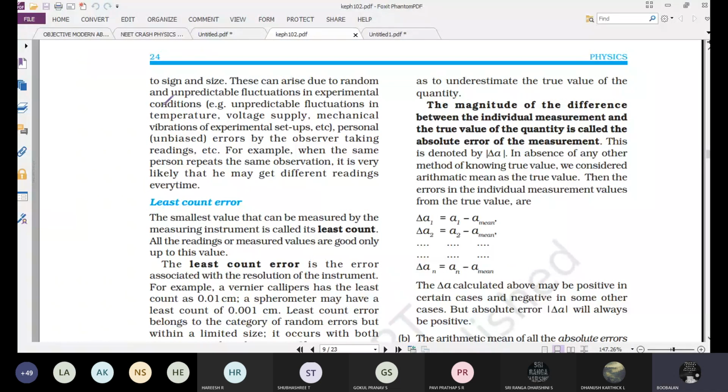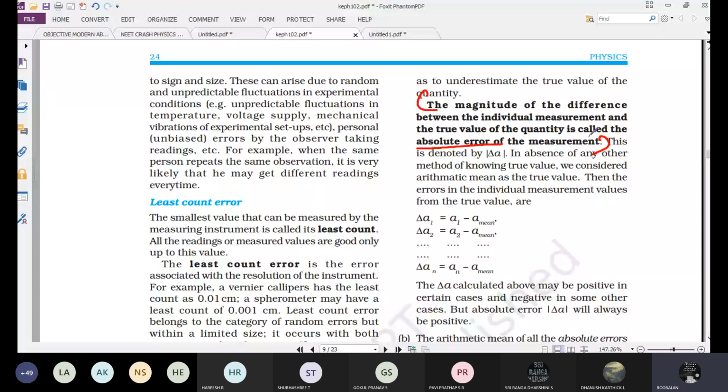So this is the definition of absolute error. The magnitude of the difference between the individual measurement and the true value of the quantity is called the absolute error of the measurement. But I said it very simply: the difference of the true value and the experimental value of a physical quantity is called absolute error.